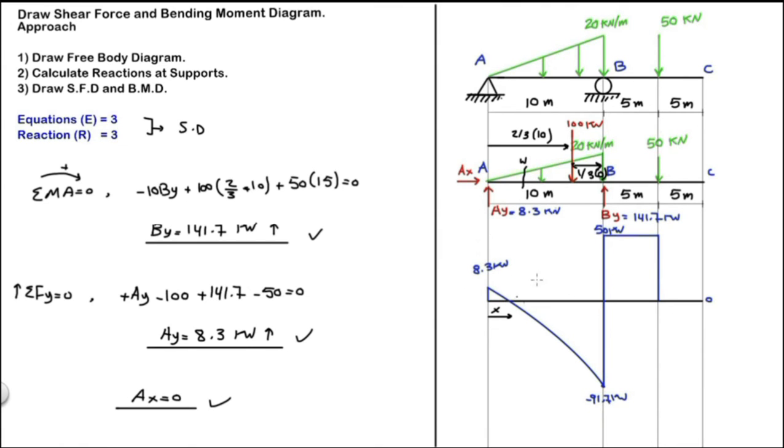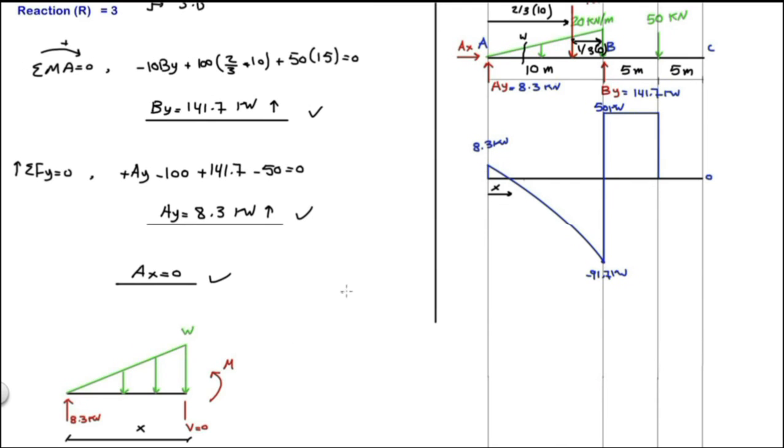If we cut this section, we will have the following shape. So this is our section, this is W here, and here the shear equals 0, as we said. Let's find W first. By similar triangles, we can find W. This gives us W equals 2x.